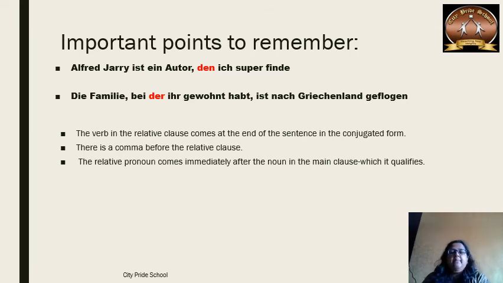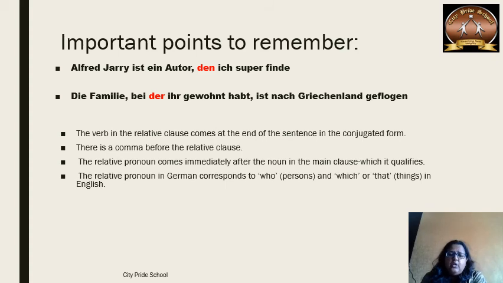Now here the family is the noun for which we are using the relative pronoun. So the relative clause should come immediately after the family. If only one word is left, then it is okay. You can take this side with the main clause. But if more than one word, then you have to put the relative clause in between. Okay. So this is a very important point. Keep in mind.